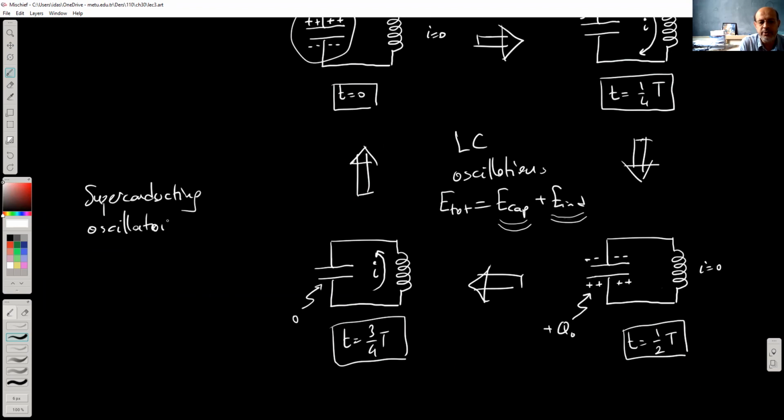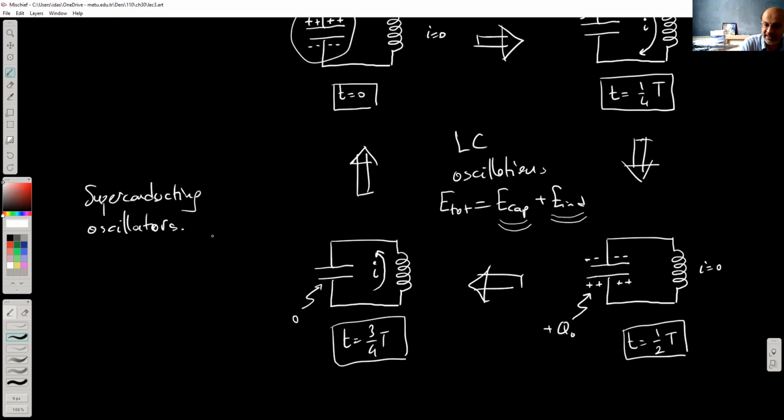It appears that it's not quite easy to build capacitors and inductors from superconductors in the conventional way, because you have to deposit these superconducting materials on some surfaces.